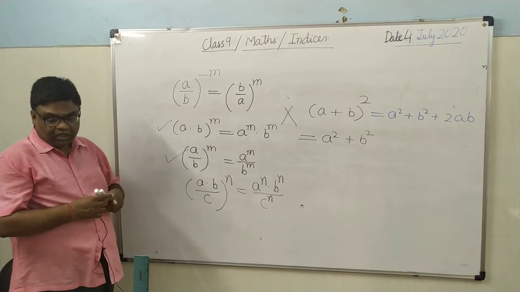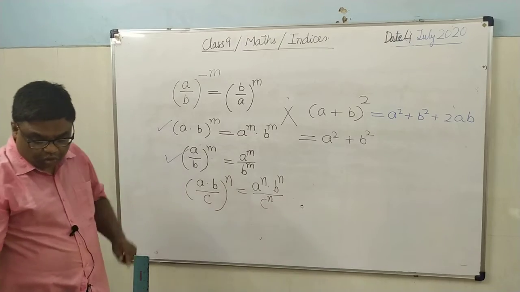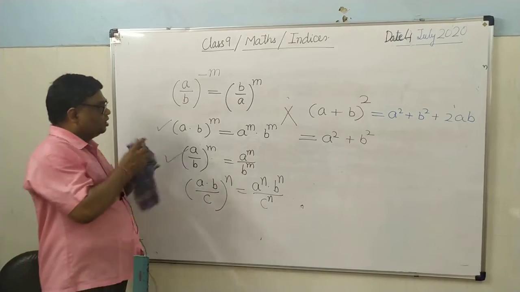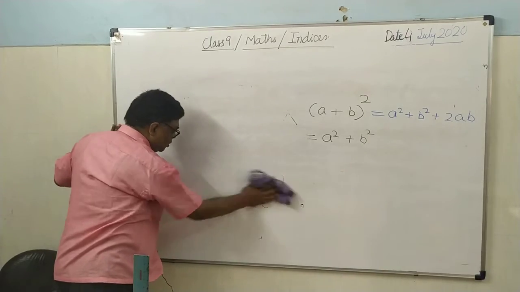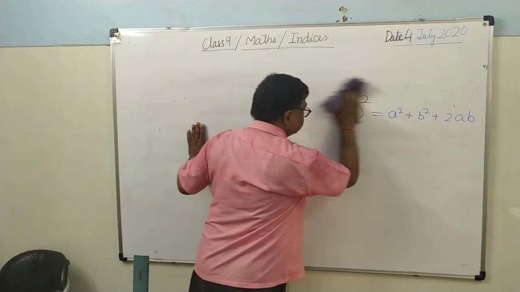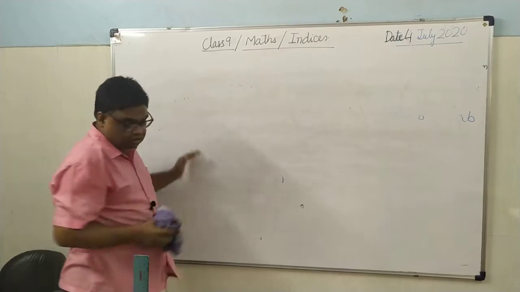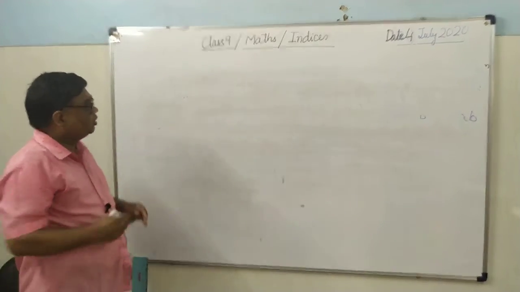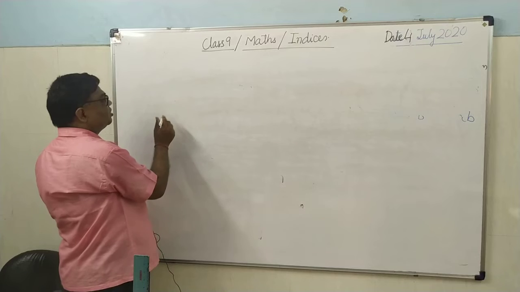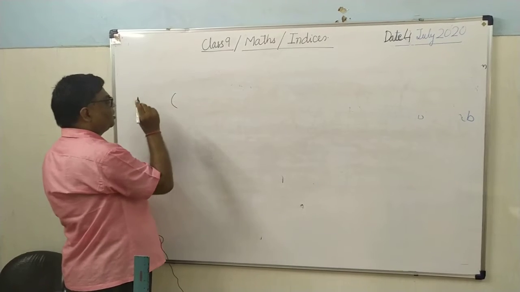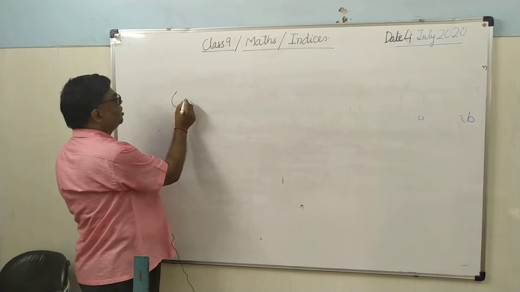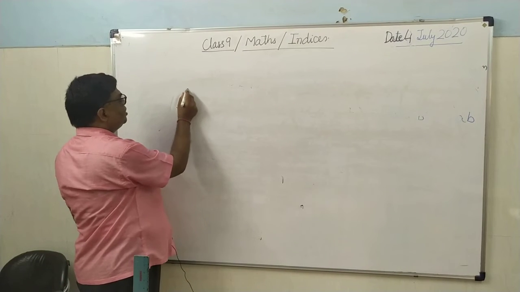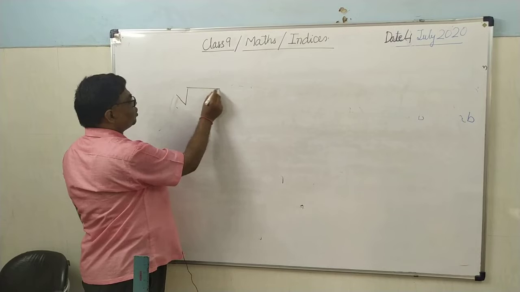Is it clear? Now one more thing I have told regarding the surds. Now you see here, suppose here there is one, this sign is of square root.